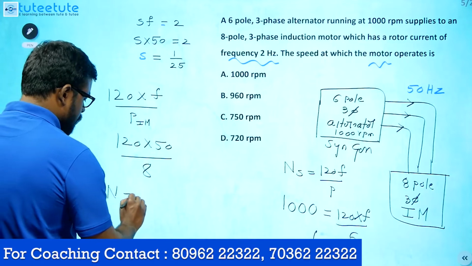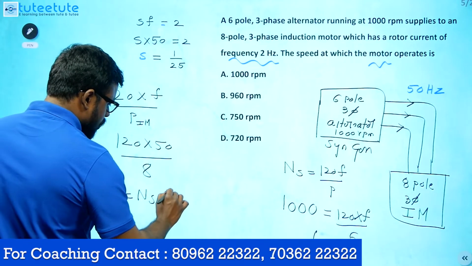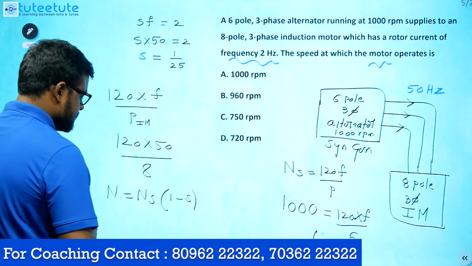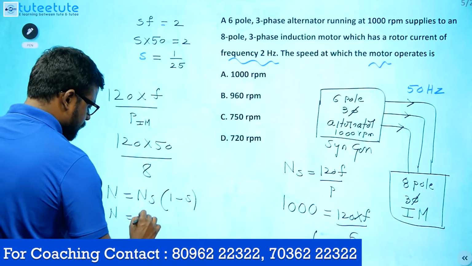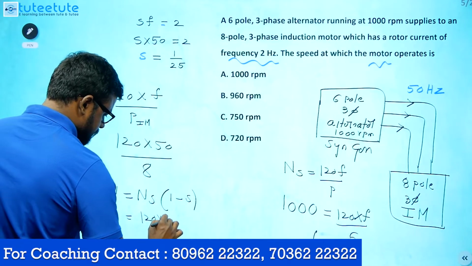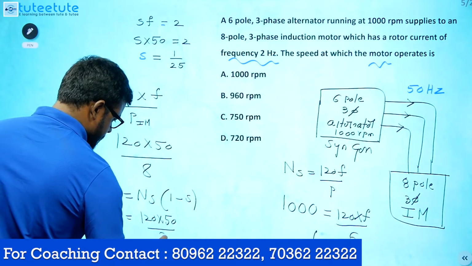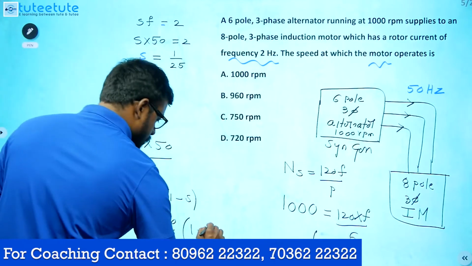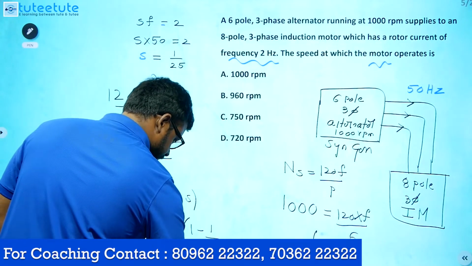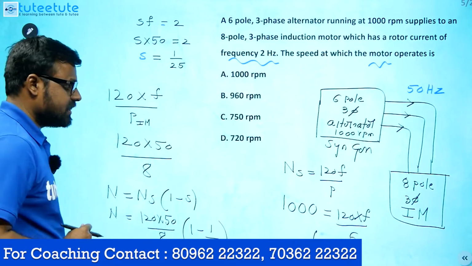N equal to Ns into (1 minus S), students. As simple as that. Therefore N is equal to 120 into 50 divided by 8 into (1 minus S), what is the value of S here? 1 by 25. We can easily find the speed of the induction motor.